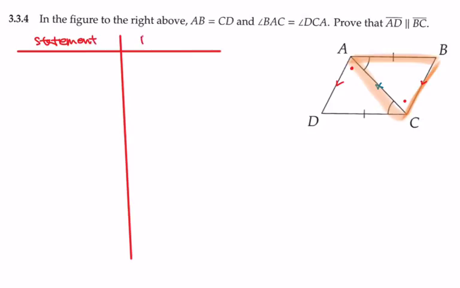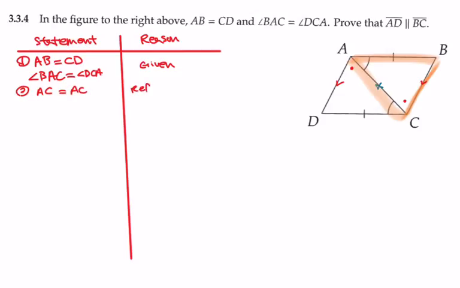All right, same way as before. First, we're going to write down the givens, and just set up the context. Next thing that we mentioned was AC, which is the reflexive side, common between those two triangles which we are looking at.